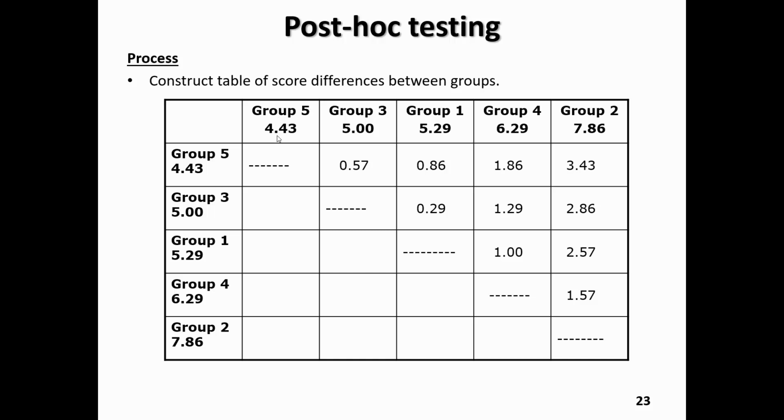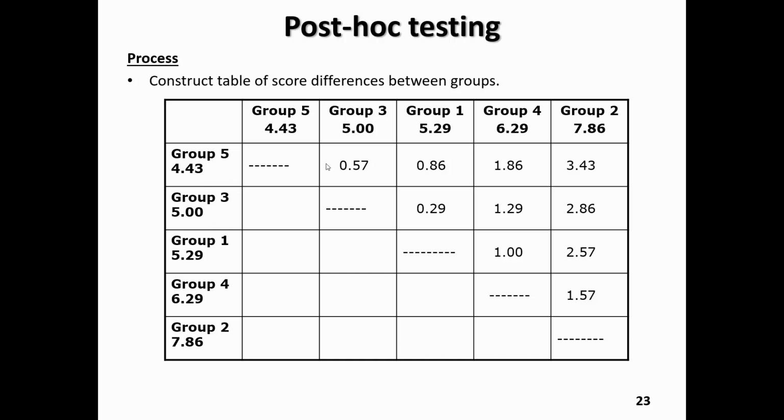These are in ascending order from the smallest average all the way up to the largest average. And then along the column here, we would list the groups in the exact same way, from the smallest average up to the greatest average in that ascending order.